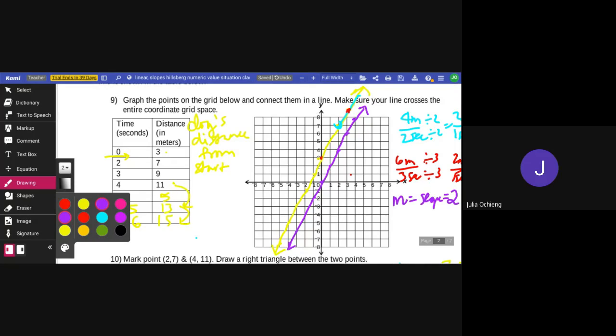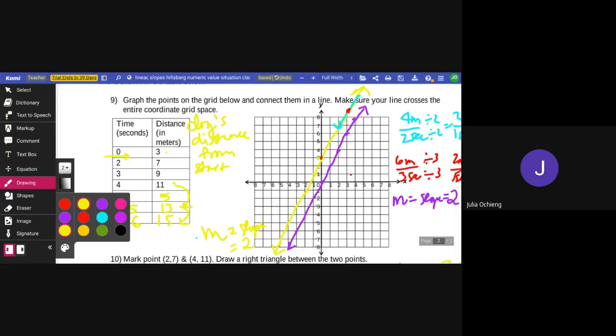So slope is 2 without the units, because the rate of change has units, but the slope is just a number. And the dog's rate of change, written here, his slope is also 2. So they have the same steepness.